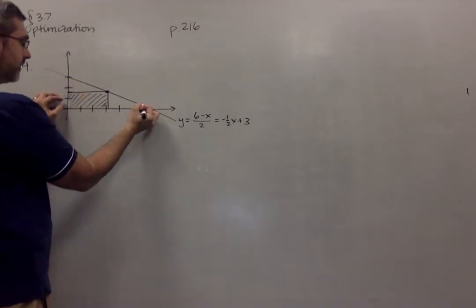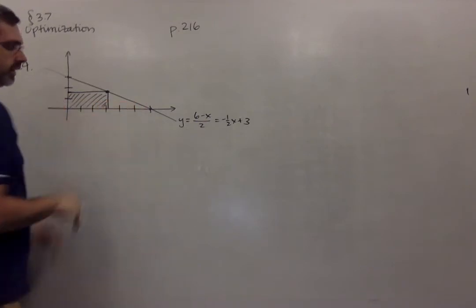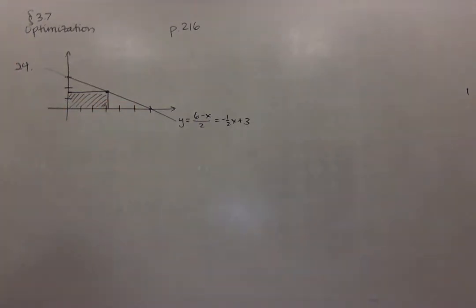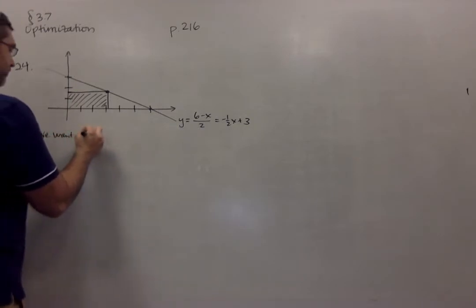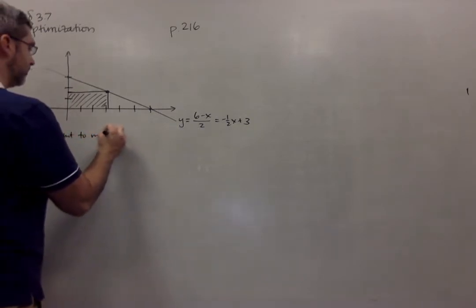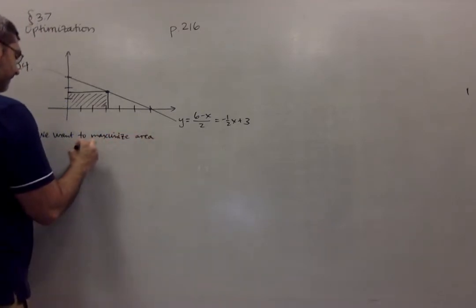If I pick that point way over here, I'd have a really wide but narrow rectangle. So what it's asking me to do is, it says what length and width should the rectangle have so that the area is a maximum. So in other words, we want to maximize the area of this rectangle, A.